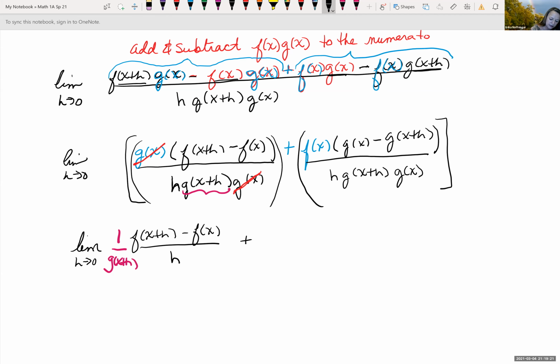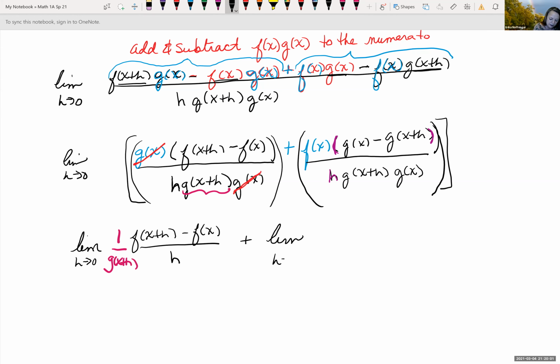And now work and manipulate and look at this piece. I know that that second piece has to have in the numerator the derivative of g of x. So let's see if we can manipulate this. Okay, so plus, I want g of x minus g of x plus h over h. I know that that is by definition the derivative of g of x as the limit as h goes to 0.